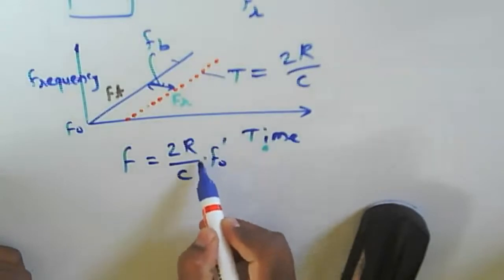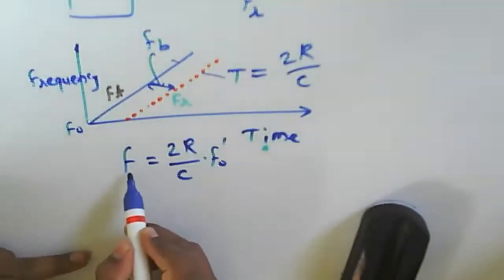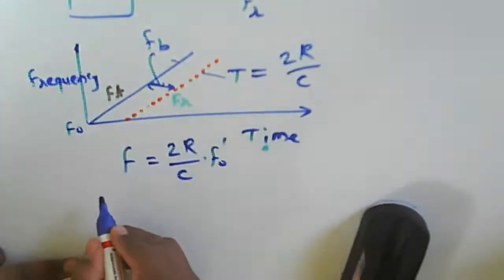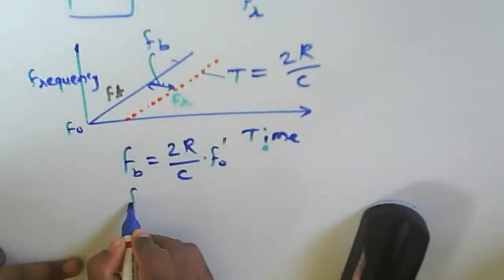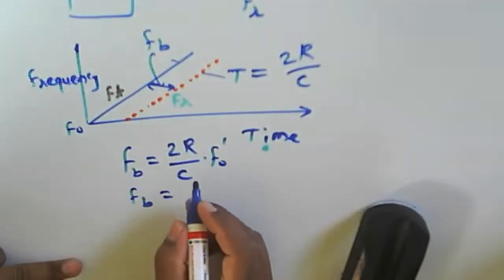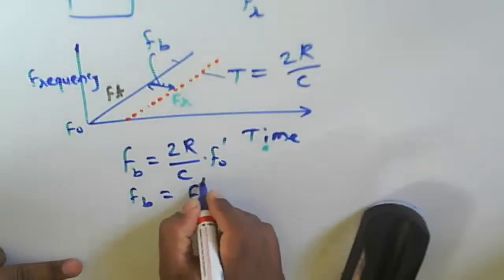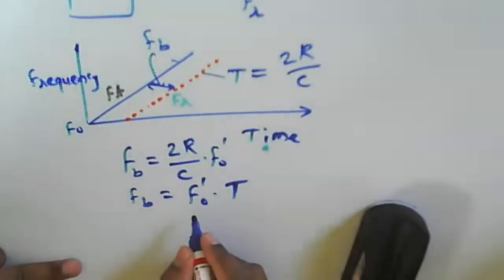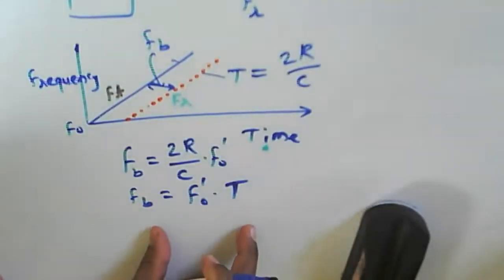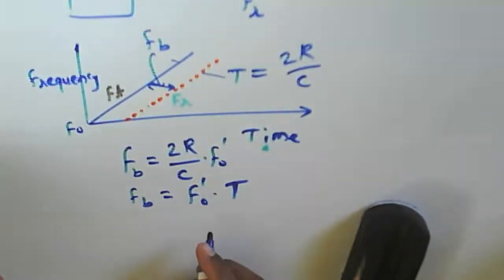So that will define what will be the beat frequency. This will be nothing but the beat frequency. Or we can say the beat frequency is nothing but a change with respect to time. This is about the rate of change of the carrier frequency f0 here.